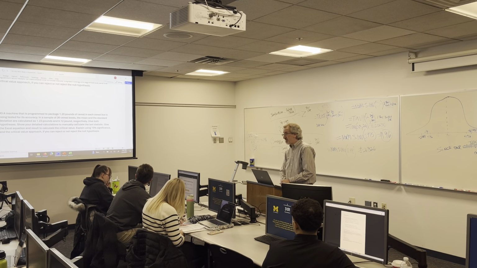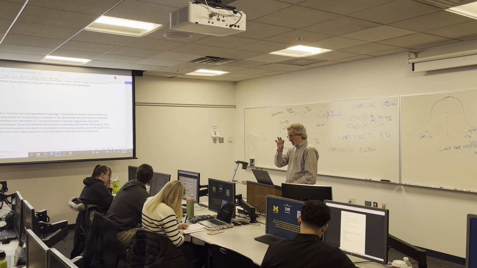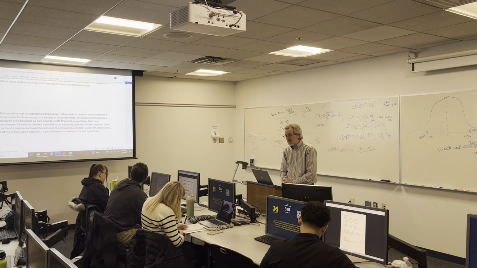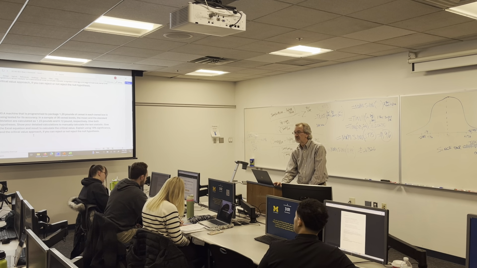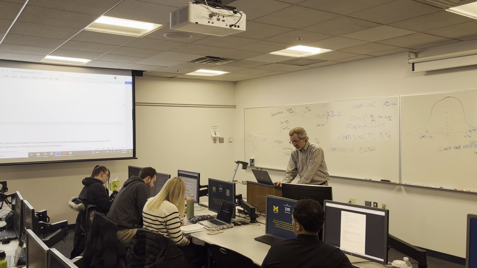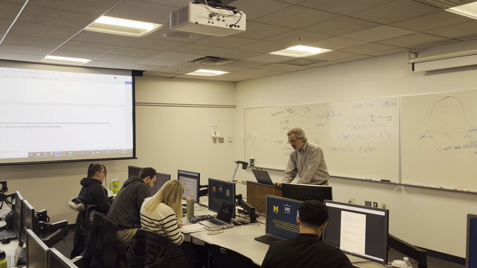It said nothing about the population standard deviation. It gave you both the mean and the standard deviation about the sample. That's how you know this is T. And then which approach? Critical value approach on this one. So the first one's asking for the p-value approach, the second one's critical value, the third one's critical value approach.